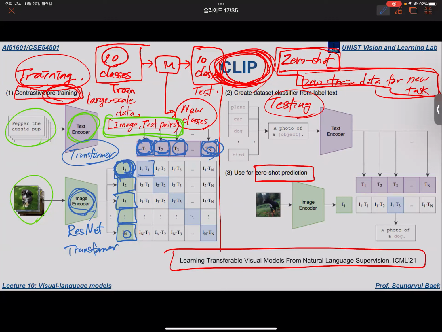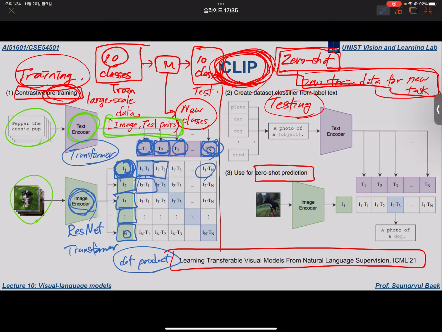That's located here, dot product. By doing the dot product, we can get the similarity between these two features. If the dot product value, which is a scalar, is high, we can say they are similar. And if this value is low, then we can say their similarity is low.